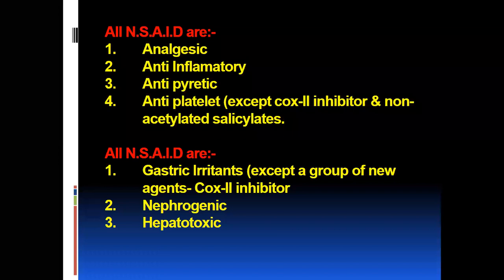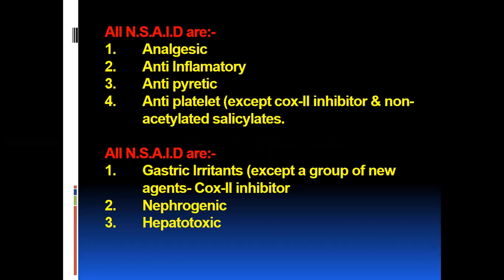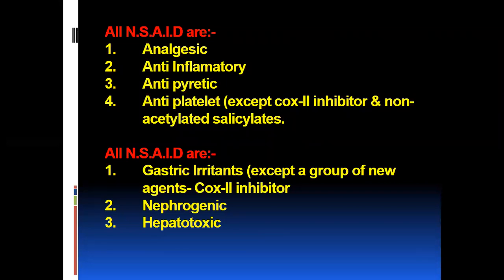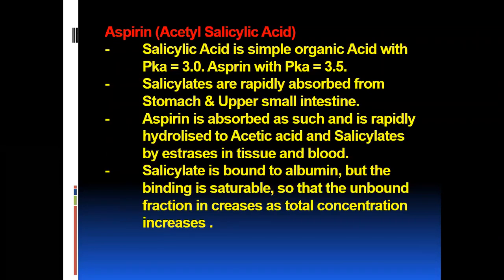While all non-steroidal anti-inflammatory drugs are gastric irritants, except for a group of new agents, that is COX-2 inhibitors, and all have nephrotoxic action, except the non-acetylated group of drugs, and all have hepatotoxic action. Now, first of all, discussion about aspirin.